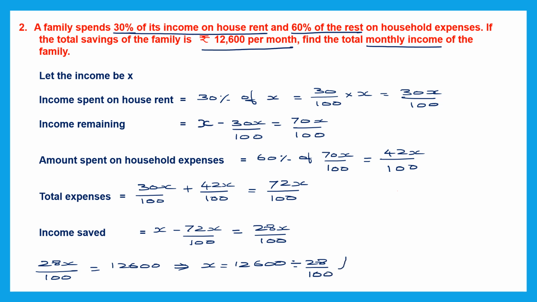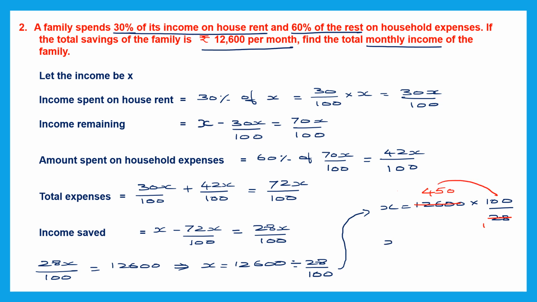So let's simplify this further. Let's simplify it. X is equal to 12,600 into 100 by 28. Now you can cancel 28 and 100 or 28 and 12,600. When you finally cancel, you will get this as 1 and you will get this as 450. Now you can multiply these two.